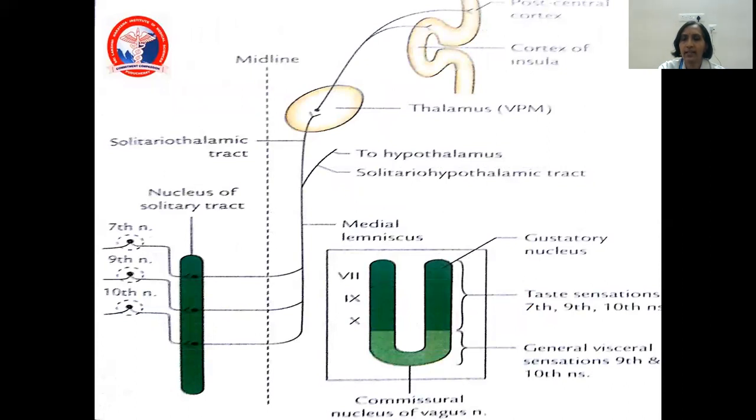So here we see how these fibers are reaching to a single nucleus, and the nuclei on both sides of the brain, the right half and the left half of the brainstem, are connected through a commissural nucleus of vagus nerve.